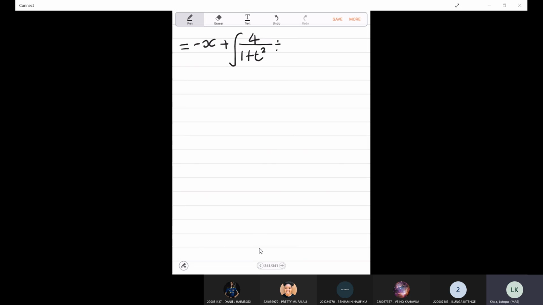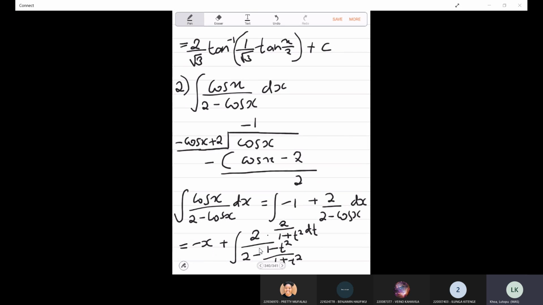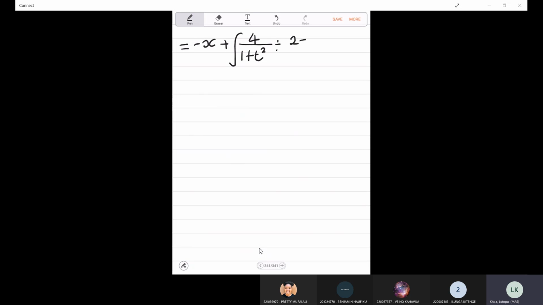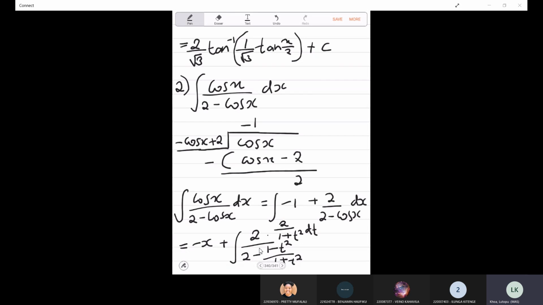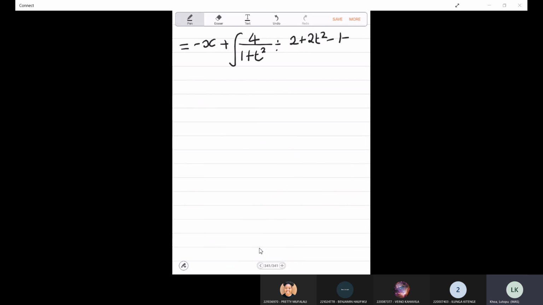Then we divide this by, if we look at our denominator, 2 minus (1 minus t squared) over 1 plus t squared. So it's 2 plus 2t squared over 1 plus t squared, minus 1 minus t squared over 1 plus t squared, and there's a dt there.